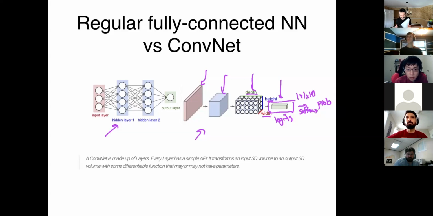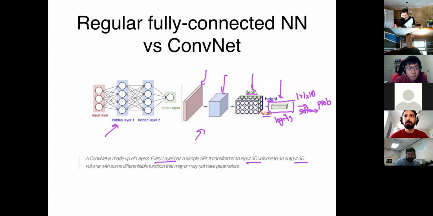But basically, if you want to contrast a fully connected network with a convolutional neural network, this is the way you can think about it. Every layer is a simple transformation from a 3D input to, again, a 3D output.